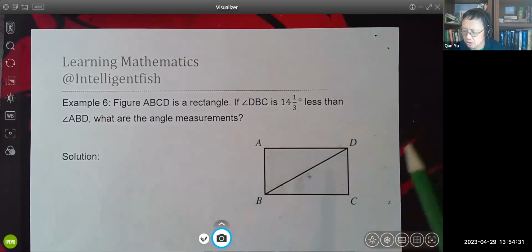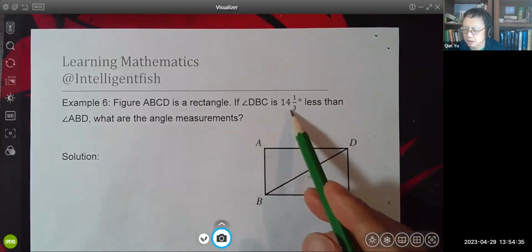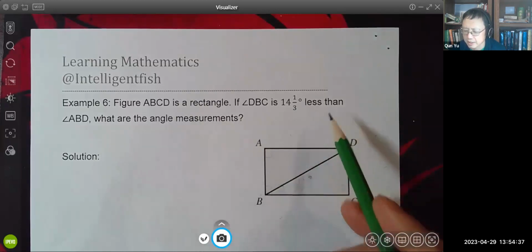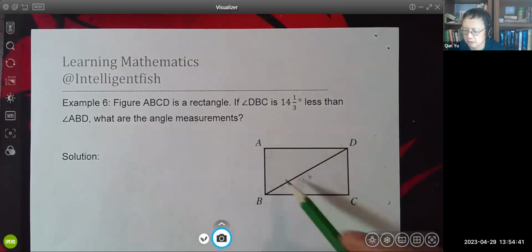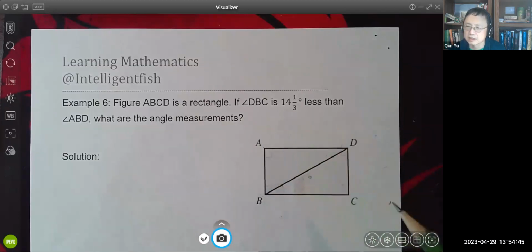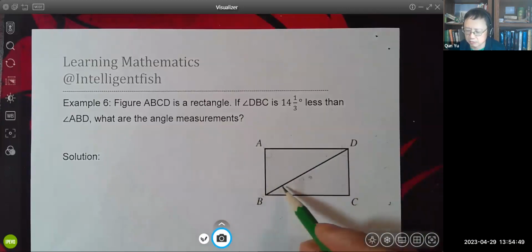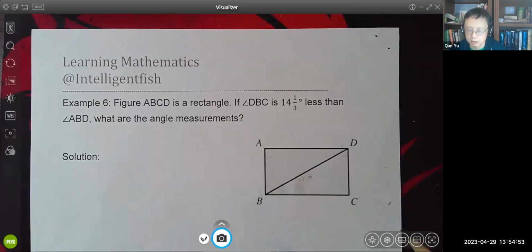So this angle DBC is 14 1/3 degrees less than angle ABD. So this one is smaller, this one's bigger. The difference is 14 1/3 degrees. What are the angle measurements? They ask us to find the measurement of each of these two angles.